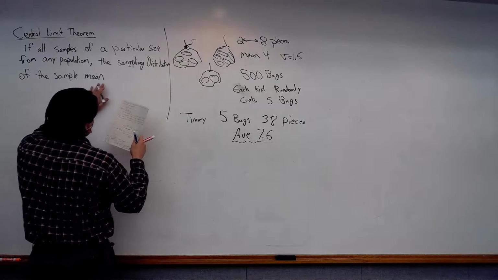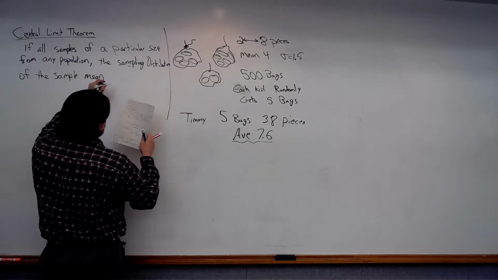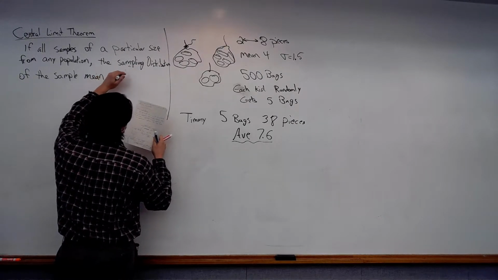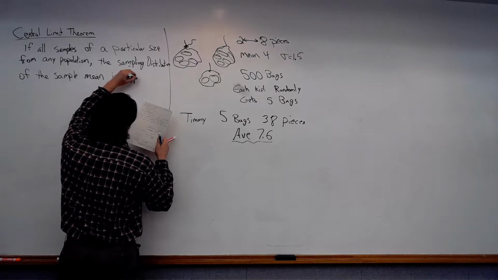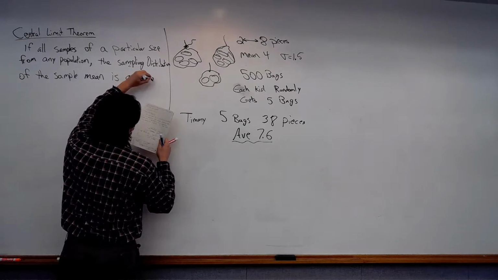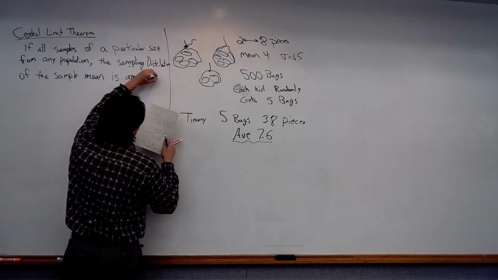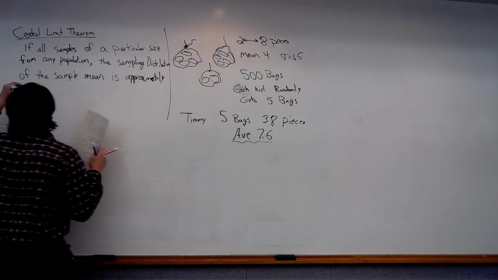If we put a distribution of all of those sample means, then it's approximately a normal distribution.